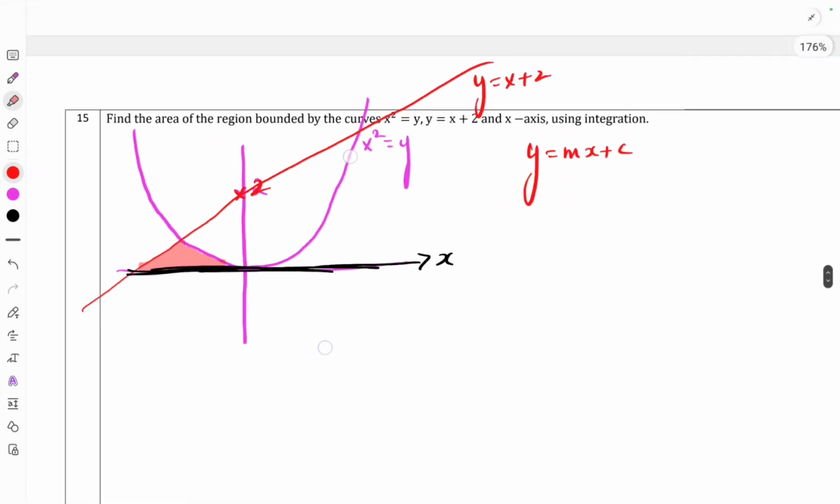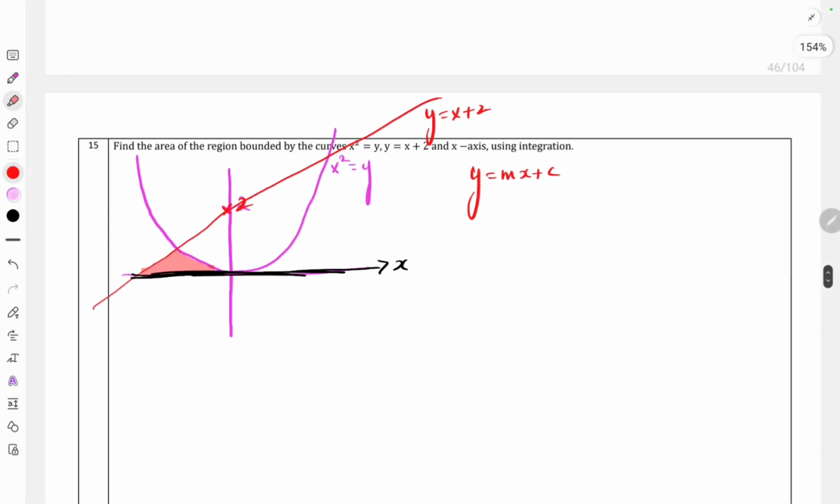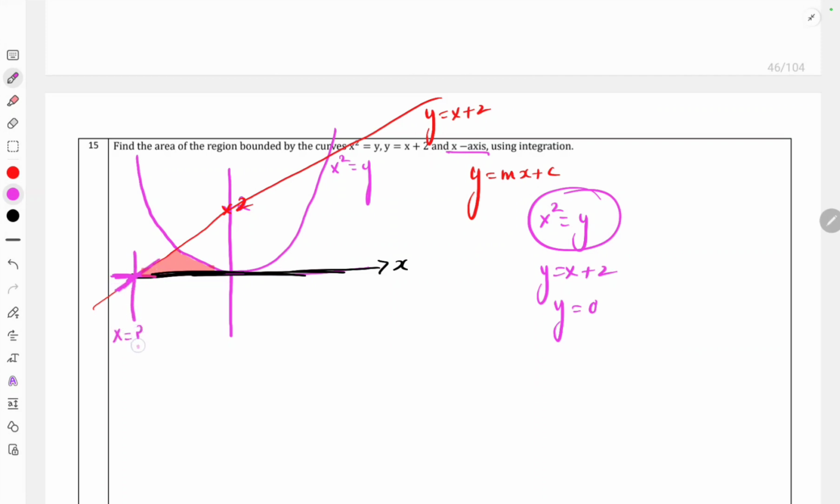In this curve we have to find the points of intersection, which means 3 curves we have. X square equal to y, y equal to x plus 2, and the x-axis means y equal to 0. Here y equal to 0 and the line y equal to x plus 2 intersect, which means I have to find the value of x here.